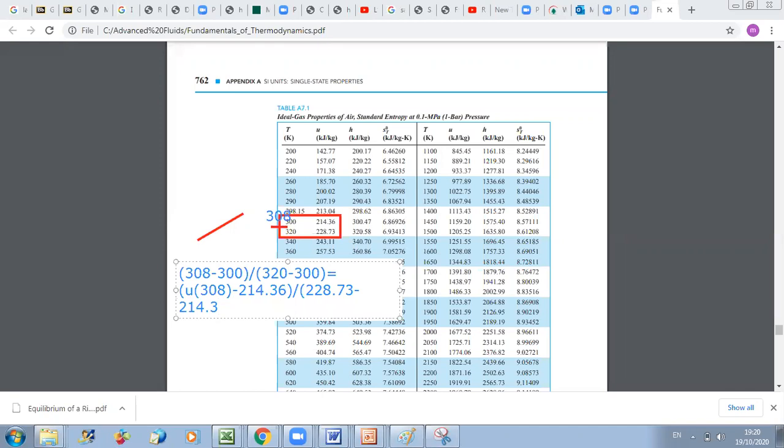And this ratio, as I told you, is due to the linear variation. So you have the same slope. And from this equation, your only unknown will be the U value at 308.